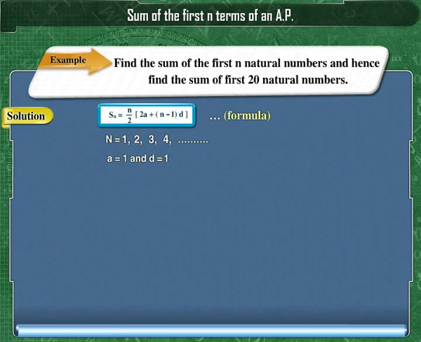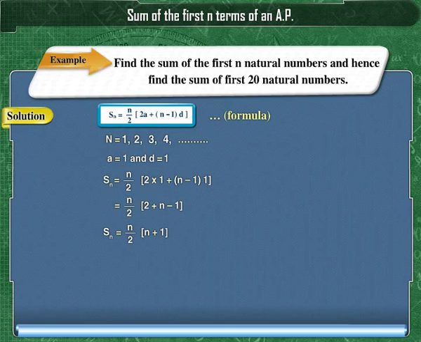Substituting the values of a and d in the formula, we get Sn is n upon 2 into 2 into 1 plus n minus 1 into 1, which is equal to n upon 2 into 2 plus n minus 1. Therefore, the sum of the first n natural numbers Sn is n into n plus 1 upon 2.